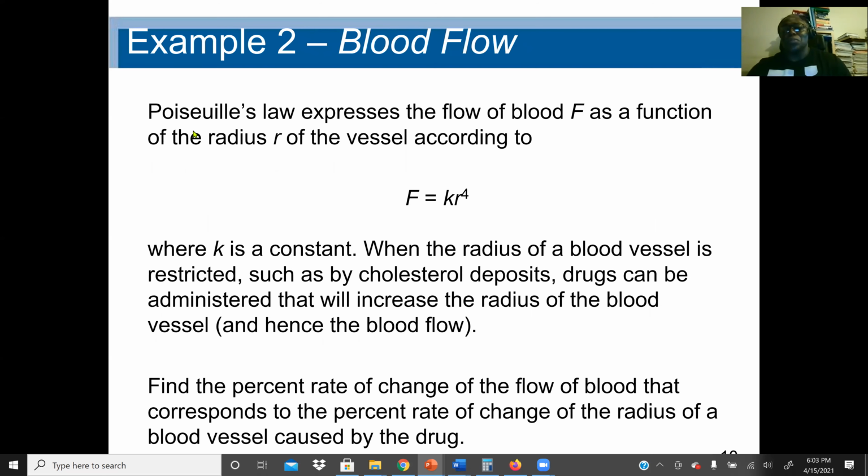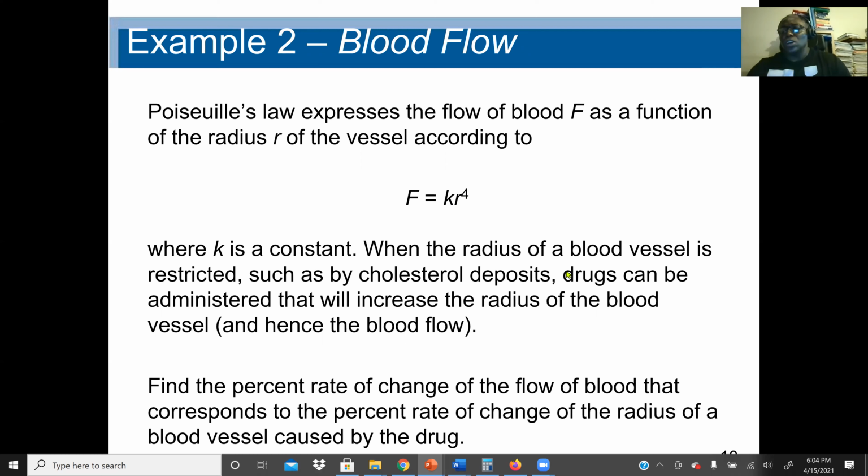So we have an example here. Poiseuille's law expresses the flow of blood F as a function of the radius R of the vessel according to this model: F equals K R to the power 4. F is the rate of flow of blood, and K is a constant value. R is the radius of the blood vessel.